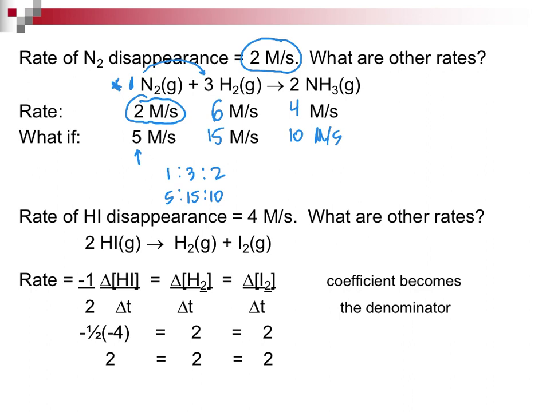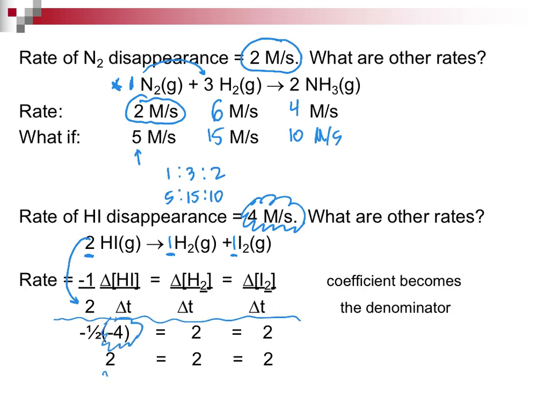Well, that's when we are going to use the rate relationship, because that way you can always come up with the proper number. Here we have a 2 to 1 to 1. So what I've done is I've taken that coefficient and put it at the bottom, because that's how the relationship is, and there's ones in front of the other ones. So if I started with 4 molarity per second, there we go.